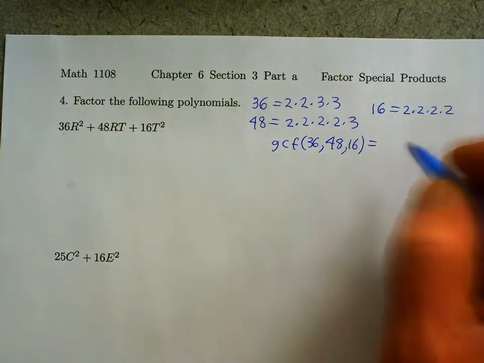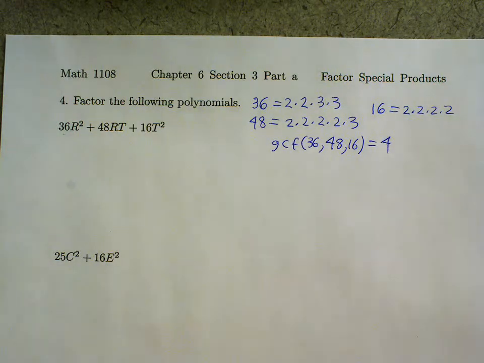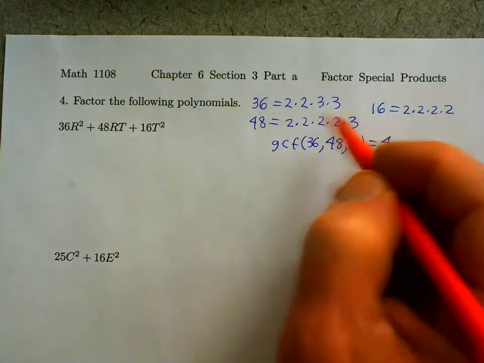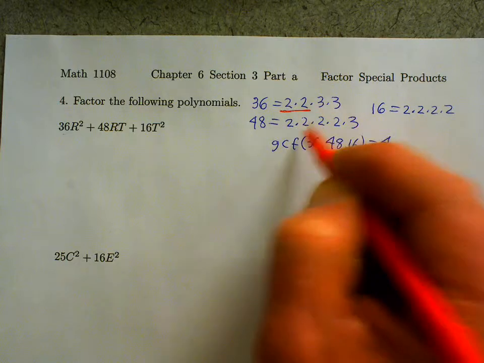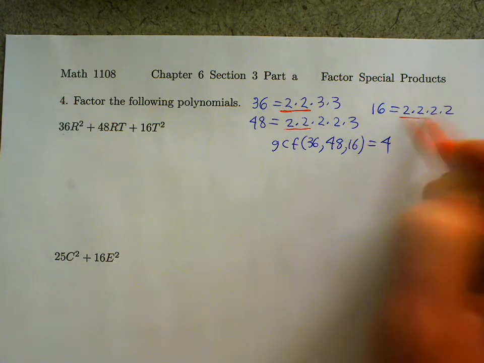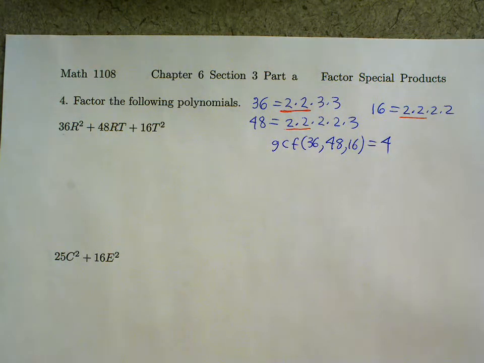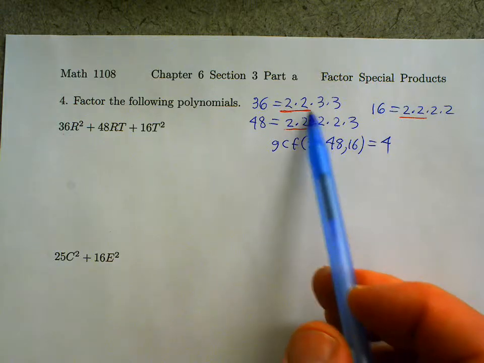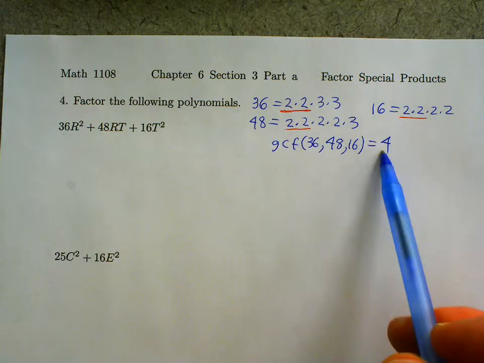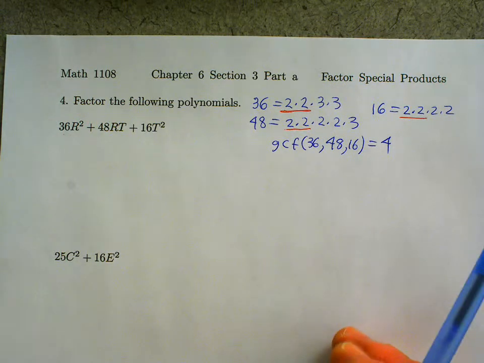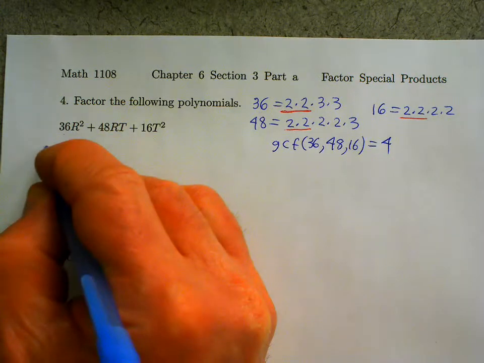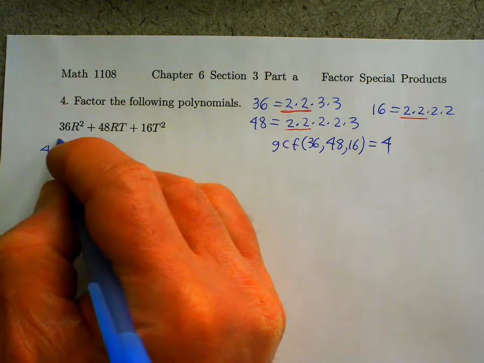Yes, 4. Or 2 times 2. So each of those prime factorizations has at least 2 factors of 2. So the greatest common factor is 4. Okay, so we factor 4 out of all of the terms first.